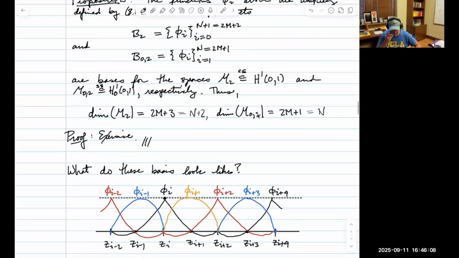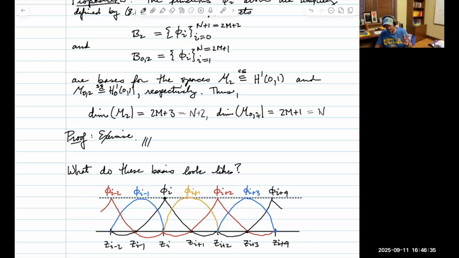Now, let me show you how to prove this. What do I have to do to show that something's a basis? I have to show that the basis functions span the space and they are linearly independent. So I have to first say, if you have a generic function from the space, can it be written as a linear combination in the basis?